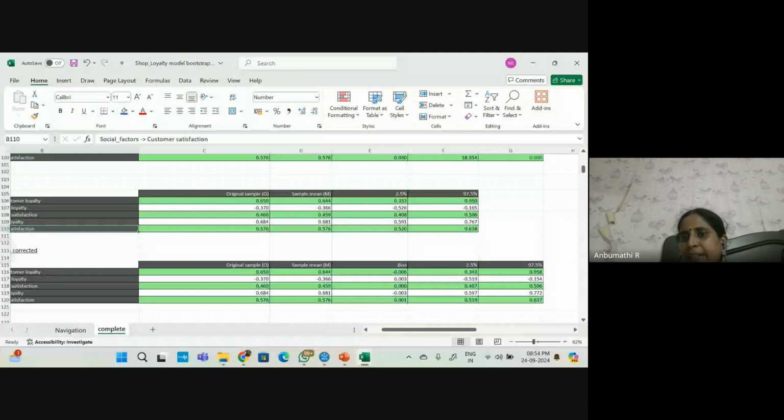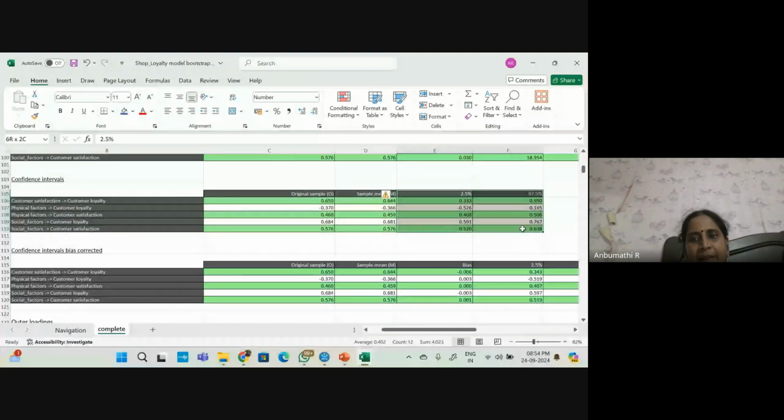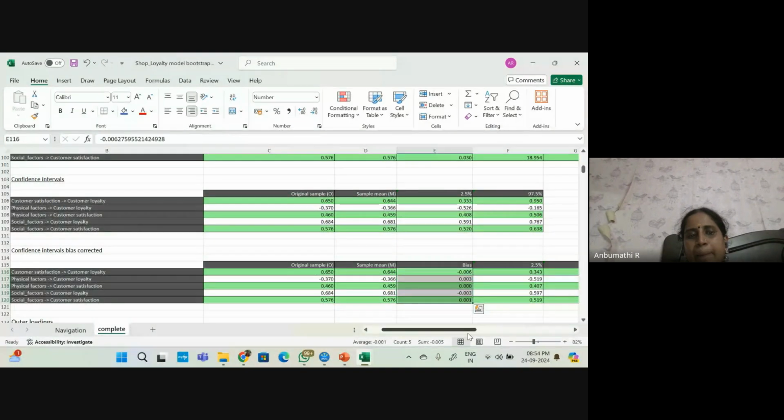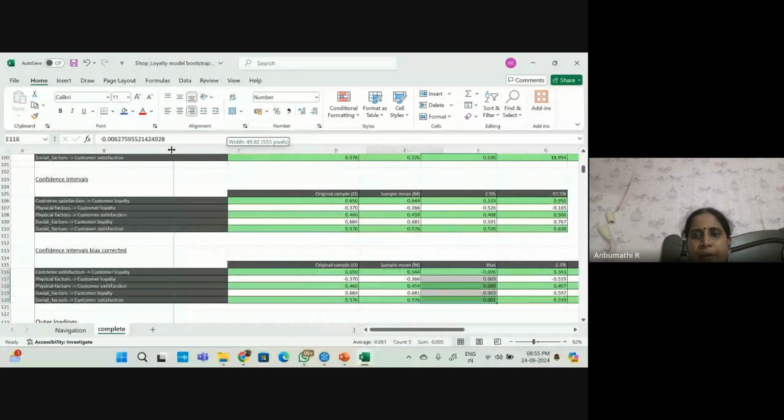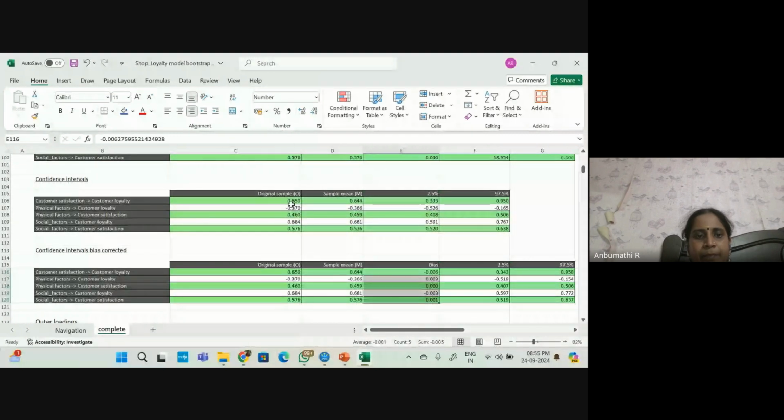So after seeing the p-value, come down to confidence interval bias corrected.